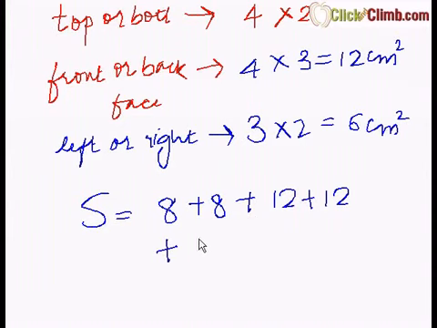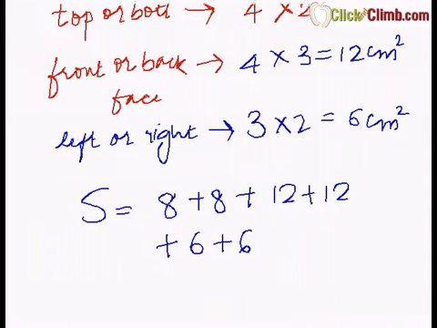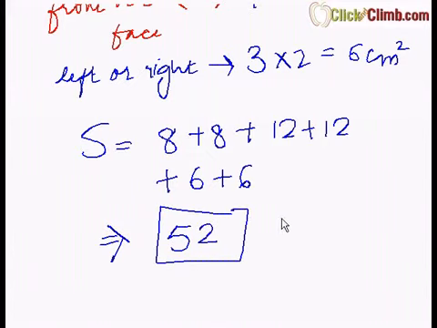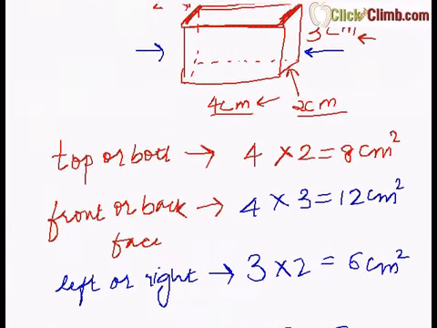Now we add 6 plus 6 for the left and the right. Okay, so now we have 1, 2, 3, 4, 5, 6 faces, 6 areas. We add up all these things and we'll get in the end 52. So this 52 square centimeters will be the surface area of this prism.